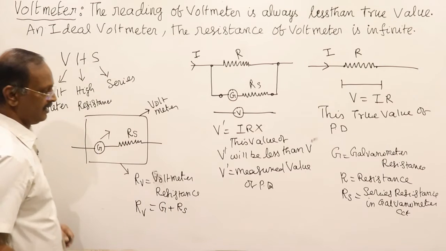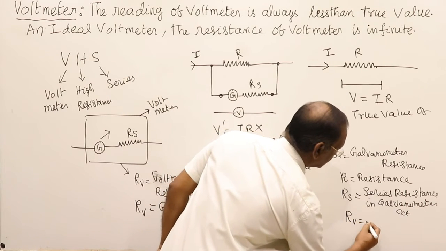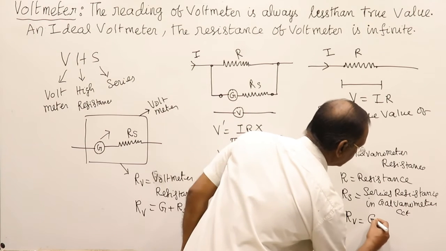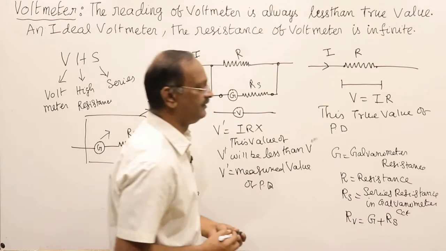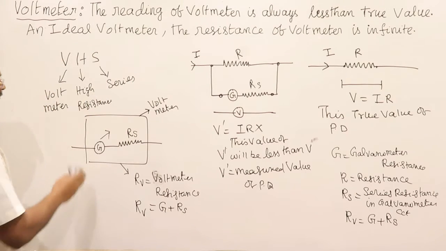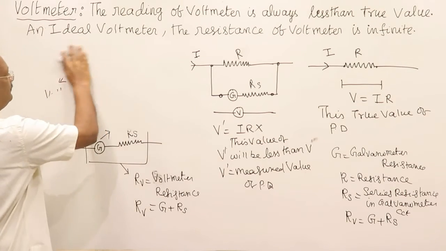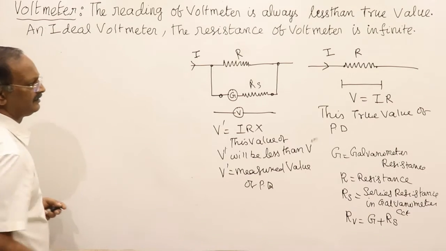Both are in series. Or we can write RV, the voltmeter resistance, is equal to the galvanometer resistance and the resistance connected in series with the voltmeter. These are the resistances. Now, what is the total resistance now?